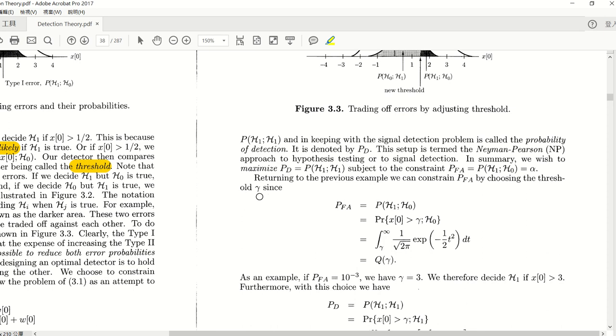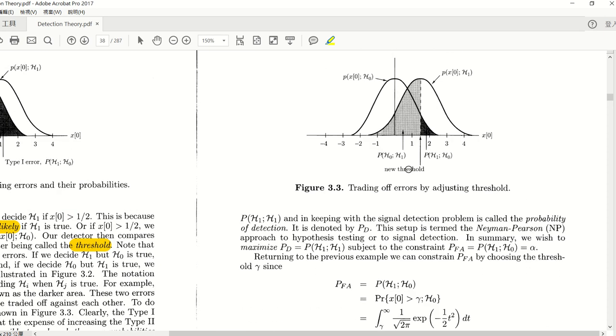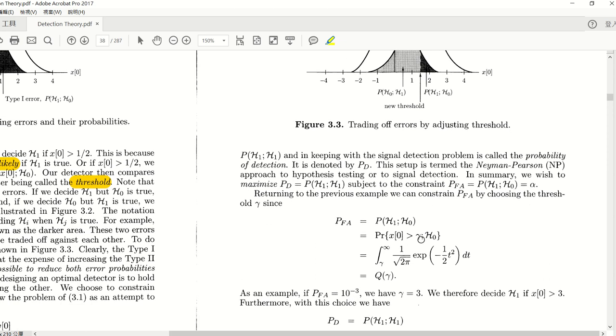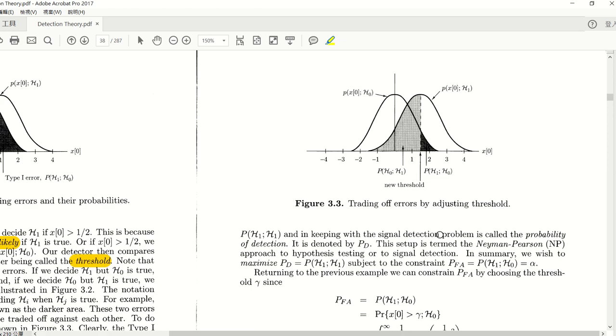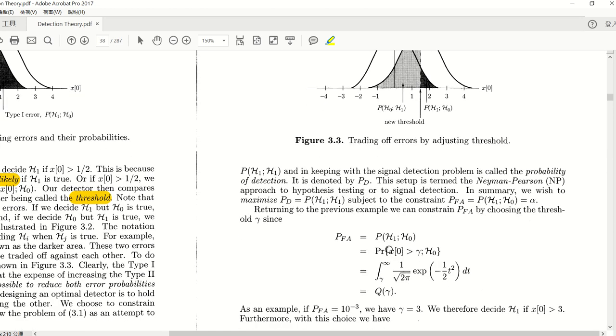If we set a threshold gamma here, conditional on H0, its distribution is actually like this. Then we set a threshold. Then it's the probability that x is larger than gamma.